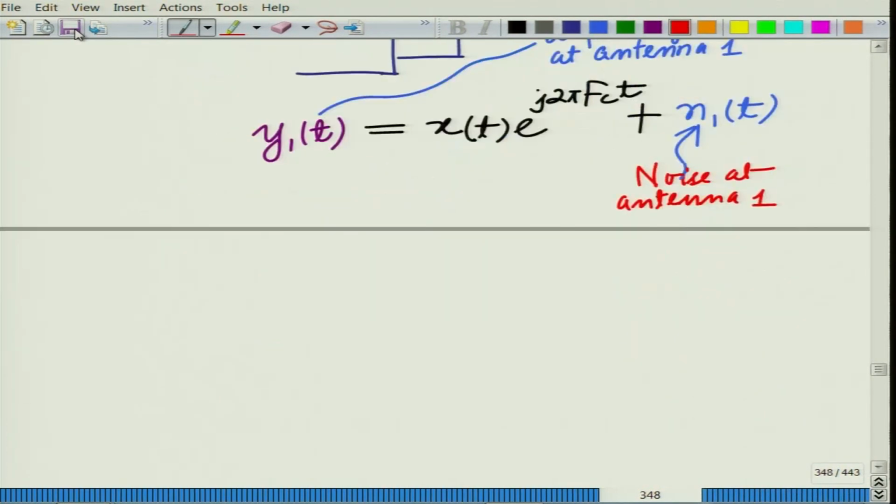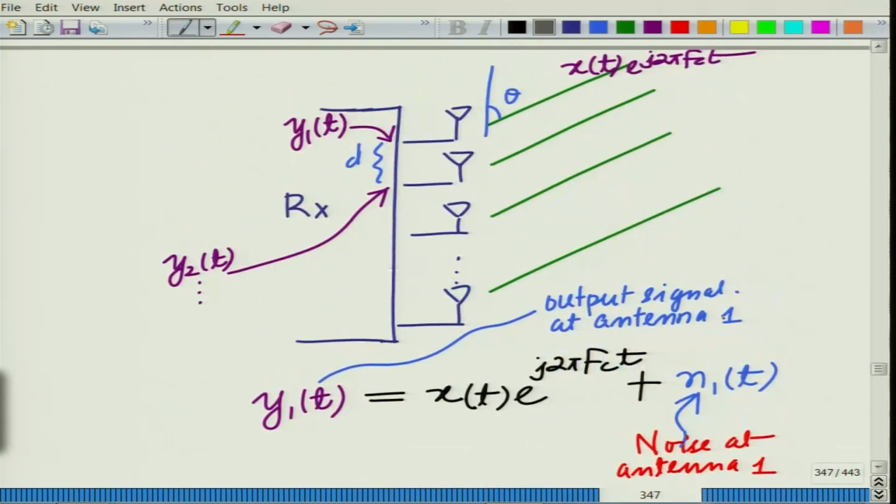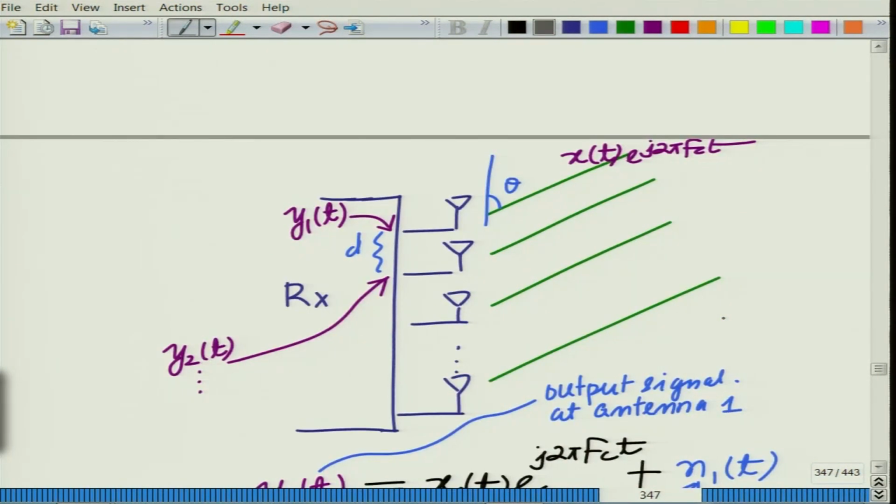And now we ask the question, what is the signal y_2(t), which is the output of antenna 2? Naturally, you can see the signal at antenna 2 will be related to antenna 1, and in fact the signal at antenna 2 is going to be a delayed version of the signal at antenna 1.